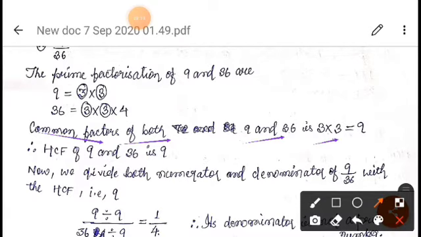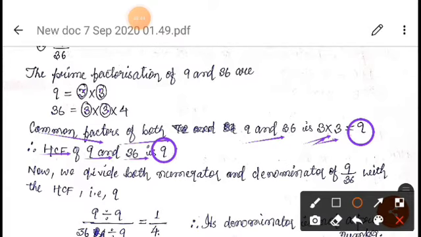So 3 into 3 is 9. Now this 9 will become the HCF. As you can see, the HCF of 9 and 36 is 9. The common factor which we have got will become the HCF, okay.